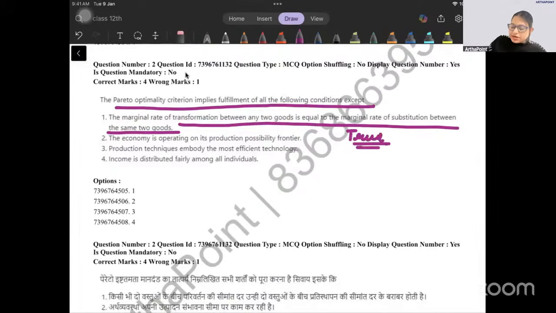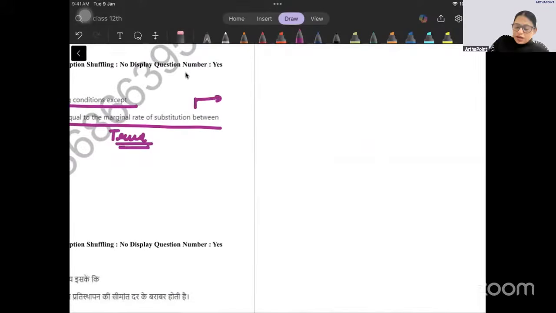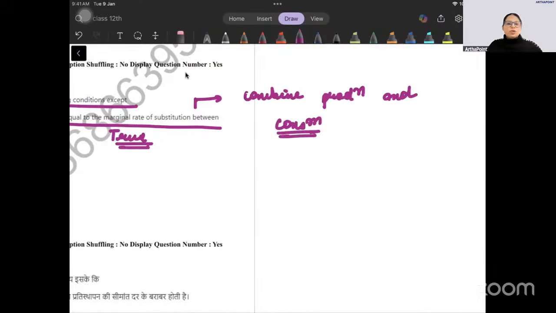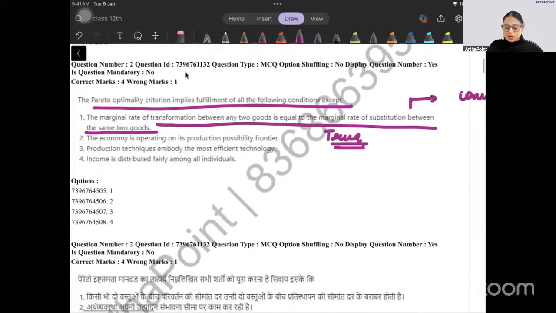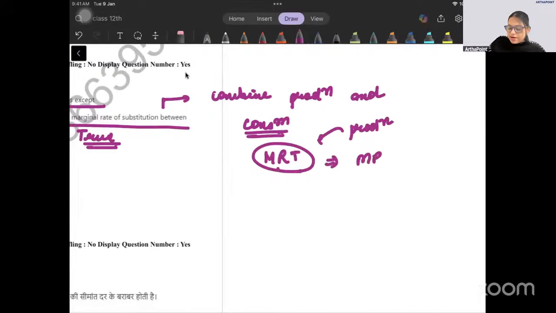ये वो statement है बेटा जो तब आती है when we go ahead and when we combine production and consumption. तो जब हम प्रोडक्शन एंड कंजम्पशन को कंबाइन कर देते हैं, we get that the marginal rate of transformation which is coming from the production side should be equal to the MRS which is coming from the consumption side.